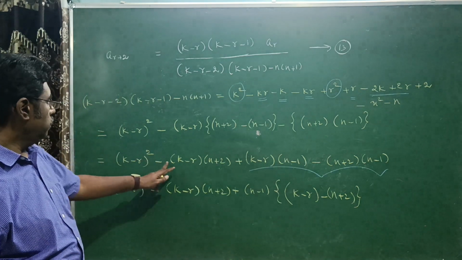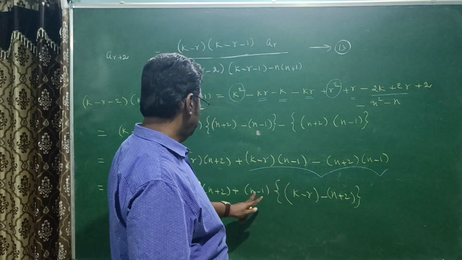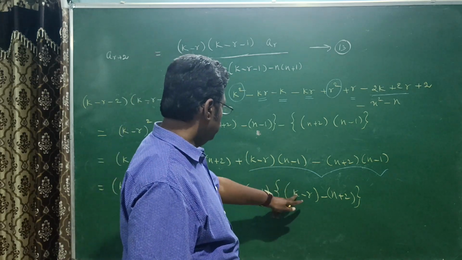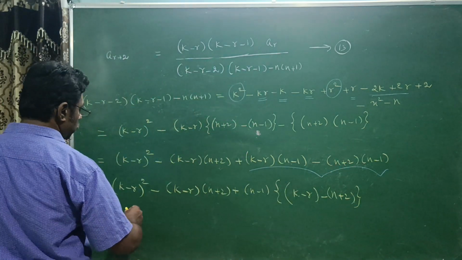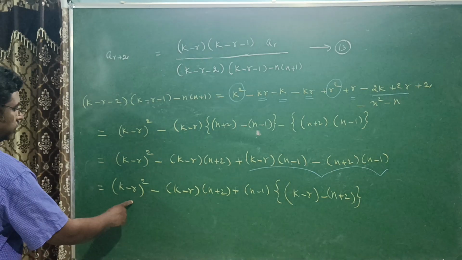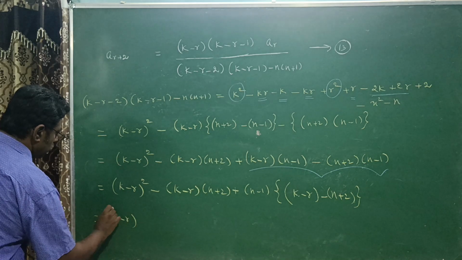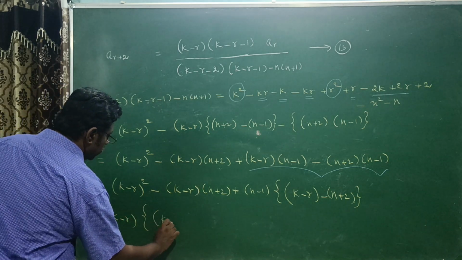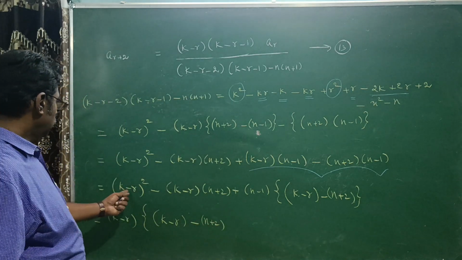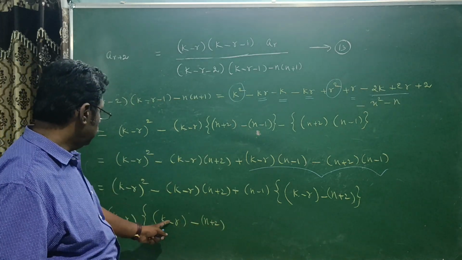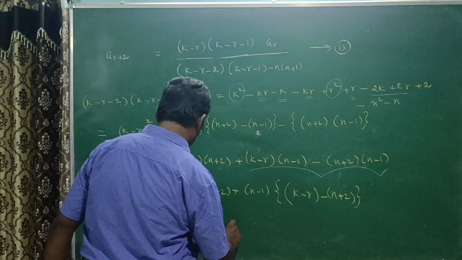(k minus r) whole square minus (k minus r) into (n plus 2), plus take this n minus 1 outside, so this (k minus r) minus (n plus 2). Now take this k minus r outside. This is equal to (k minus r) into (k minus r minus (n plus 2)). Here I have taken out one (k minus r), so if I take this k minus r, the remaining term is minus (n plus 2).